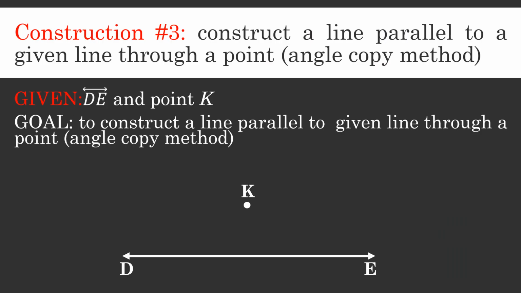Construction number 3, construct a line parallel to a given line through a point. Given line DE and point K. We are going to construct a line parallel to the given line through point K. Let's follow the steps.